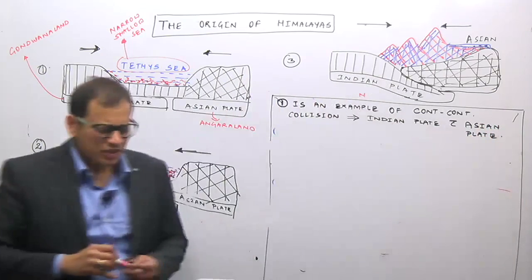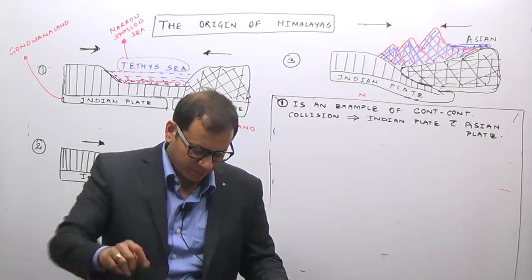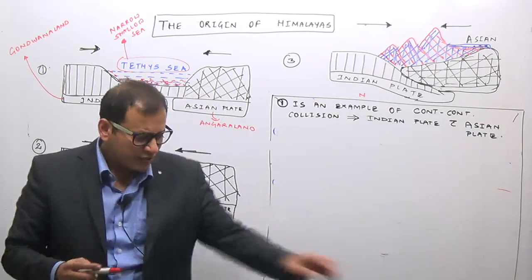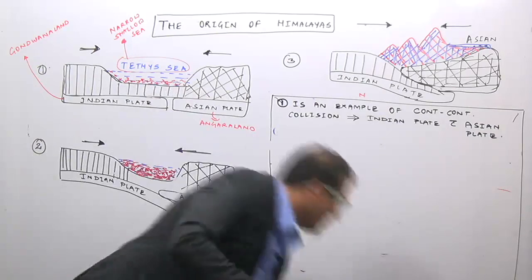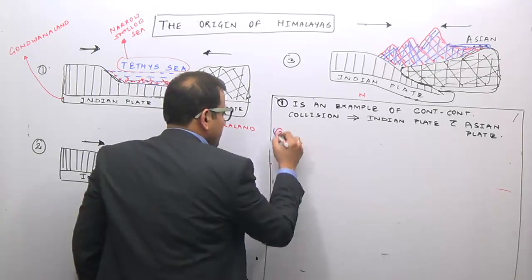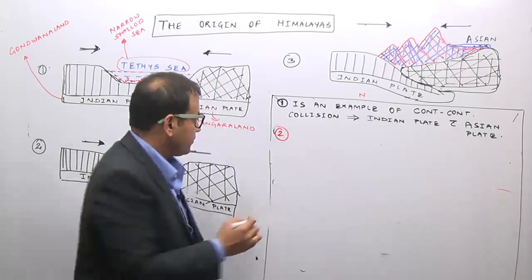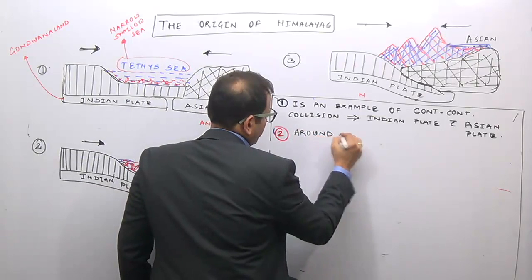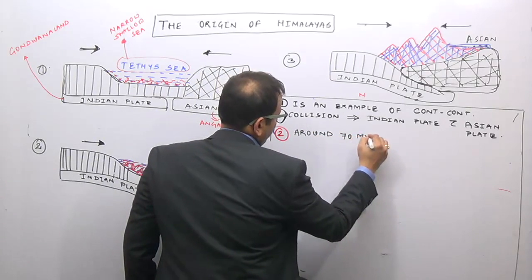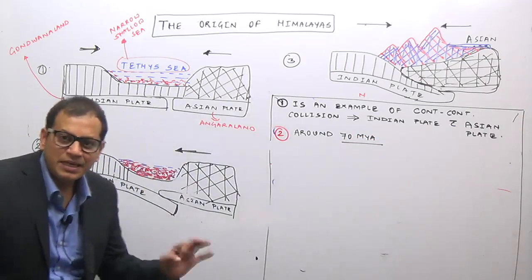Now let us go to this continent collision. This continent collision started some 70 million years ago. 70 MYA means 70 million years ago.